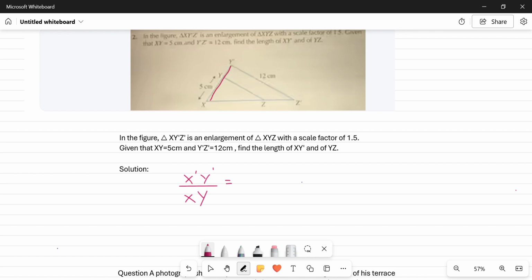The parallel to that one is Y dash Z dash over, and the corresponding of Y dash Z dash is YZ, right?